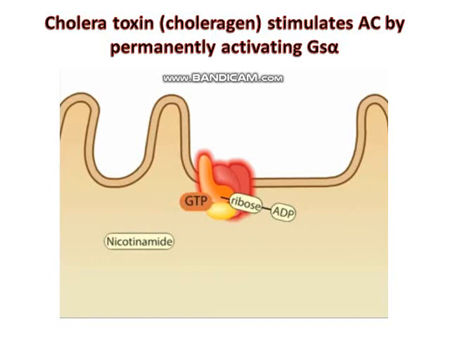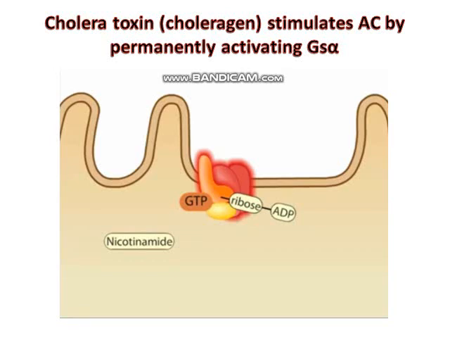This is an ADP ribosylation reaction catalyzed by ADP ribosylation factor ARF in complex with GTP. This reaction prevents the G protein from cleaving GTP into GDP and inorganic phosphate. So the adenylate cyclase remains activated for a long period, increasing the level of cyclic AMP.